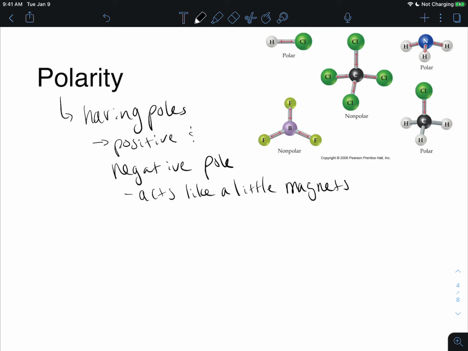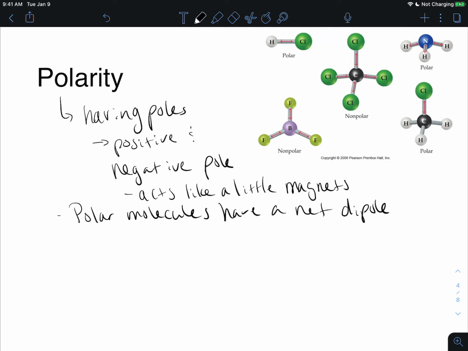Okay? If we have a polar molecule, we are going to have a net dipole in the molecule itself. Okay? Keep in mind we're talking about a vector quantity.